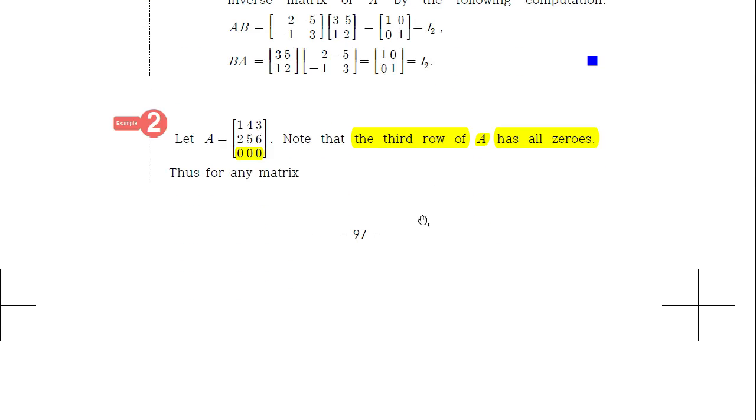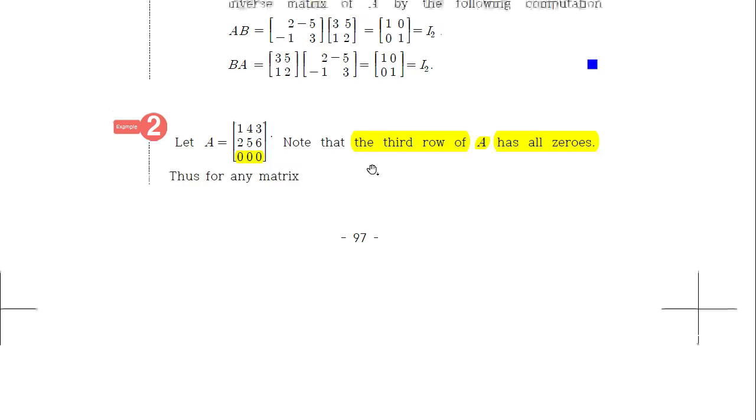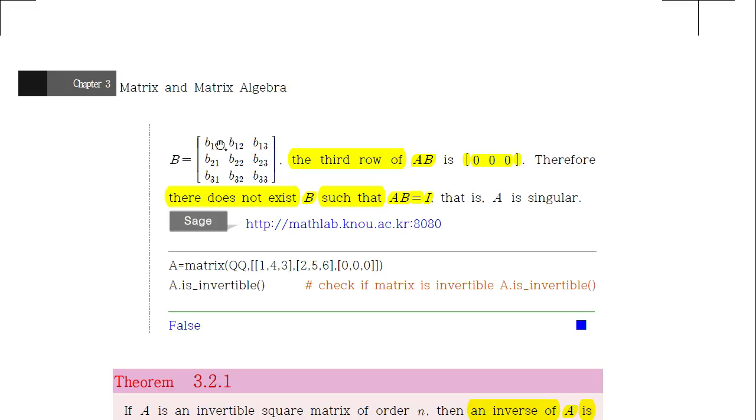But this matrix, whose third row is all zero, is not an invertible matrix, because if we multiply by any matrix B, the third row of the product AB is always zero, because the third row of matrix A is zero.